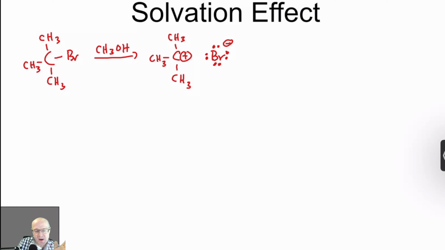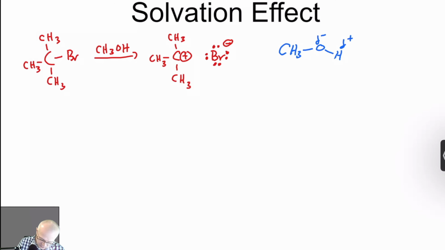Well, the only way the bromide will leave is if it has some type of positive charge to interact with. Things don't just leave as anions or cations unless they have something of the opposite charge to interact with. That's just how it goes. So in other words, the polar protic solvent, which don't forget, let's just use methanol, delta negative and delta positive, right? So we're going to get ion dipole interactions.